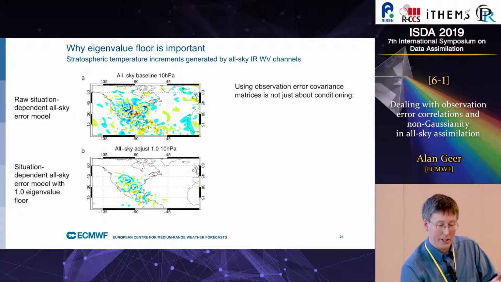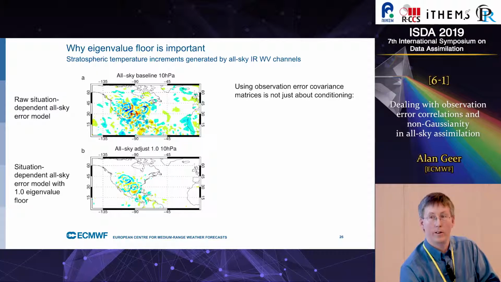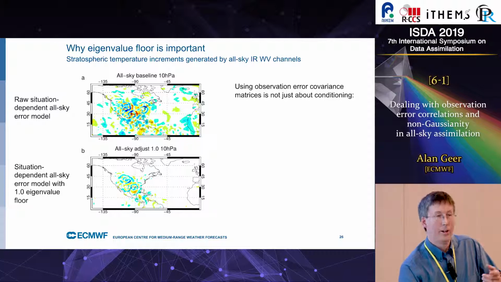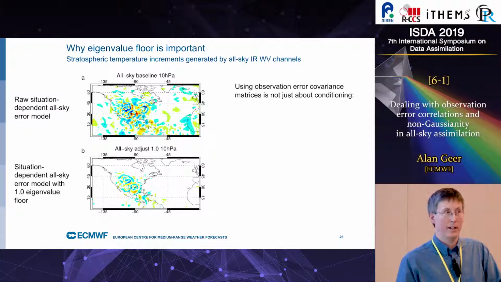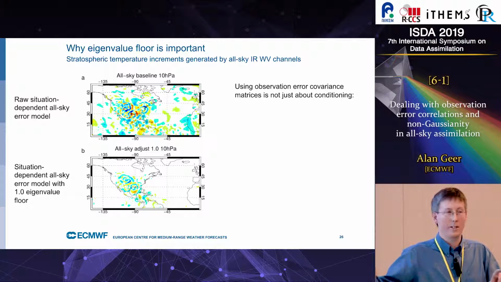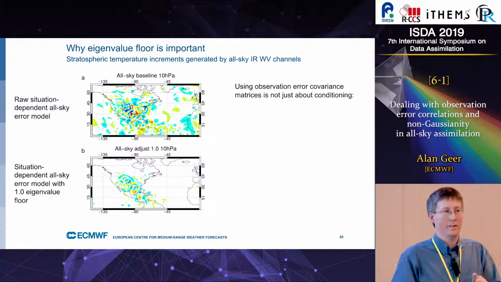But the basic point is that so far this eigenvalue floor has been argued as a way to improve the conditioning of data assimilation. But I think it's a lot more than that. It's that the trailing eigenvectors are projecting higher order linear combinations of different channels. And that's sensitive to a lot of different things.